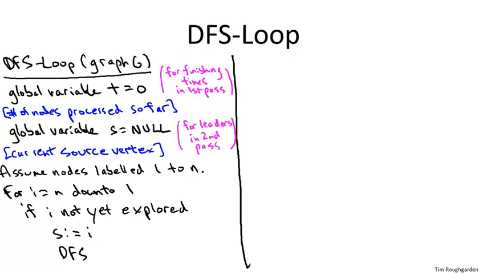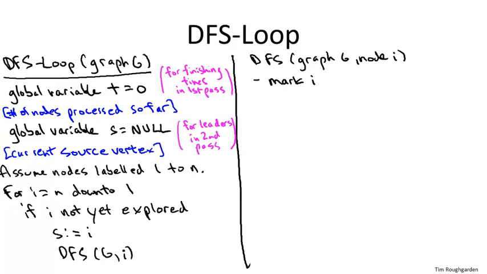So for completeness, let me just remind you what the depth first search subroutine looks like. So now we're given a graph and a starting node. The first time we see a node, we mark it as explored. And just a side note that once a node is marked explored, it's explored for this entire invocation of DFS loop.